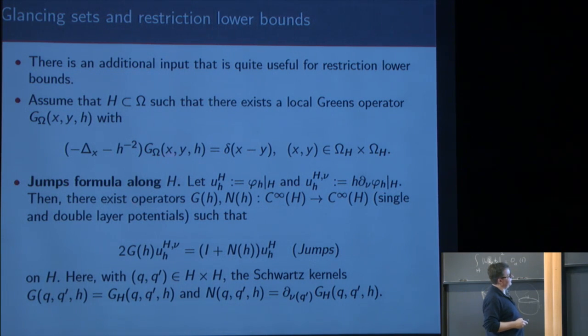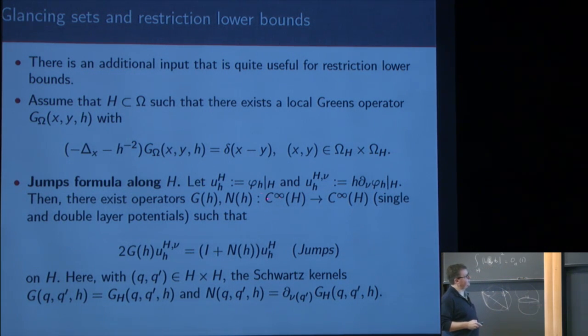Then I have a jumps formula along H. If I put a superscript H, that means I restrict the eigenfunction to H. If I write a nu here, that means I take the Neumann data and restrict it to H. Then I can find integral operators, single and double layer potentials acting on H, such that I have a jumps equation along H.